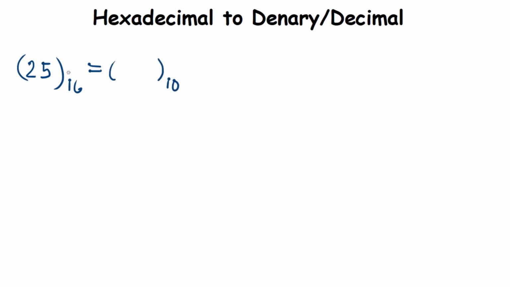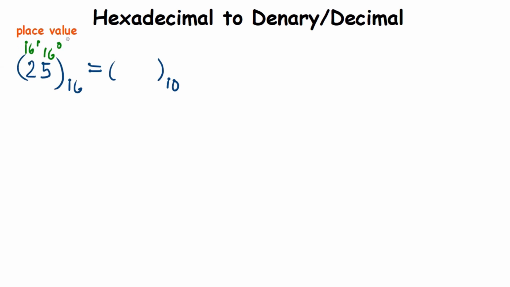The conversion is similar to binary to denary or decimal. We're going to use place values. For a hexadecimal number, the place value of the least significant digit is 16 to the 0. Next is 16 to the 1, and if you have another digit, the place value will be 16 to the 2 and so on.